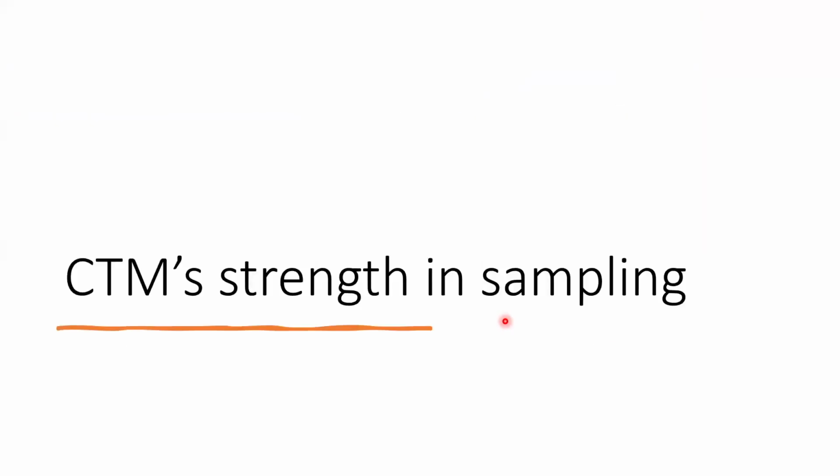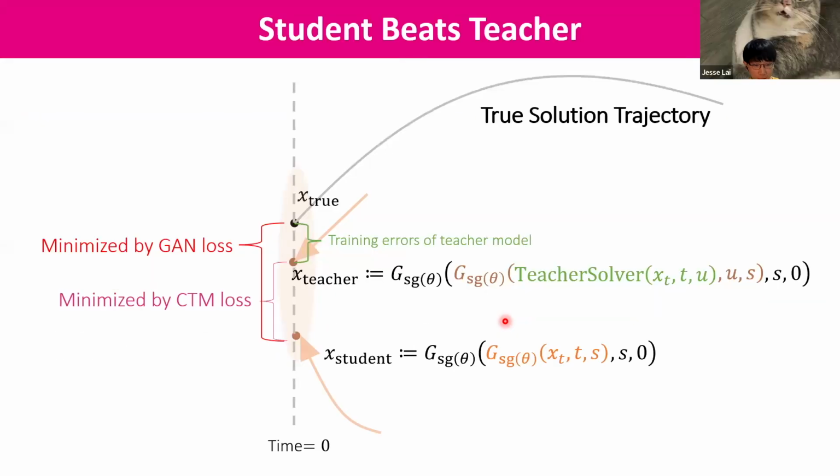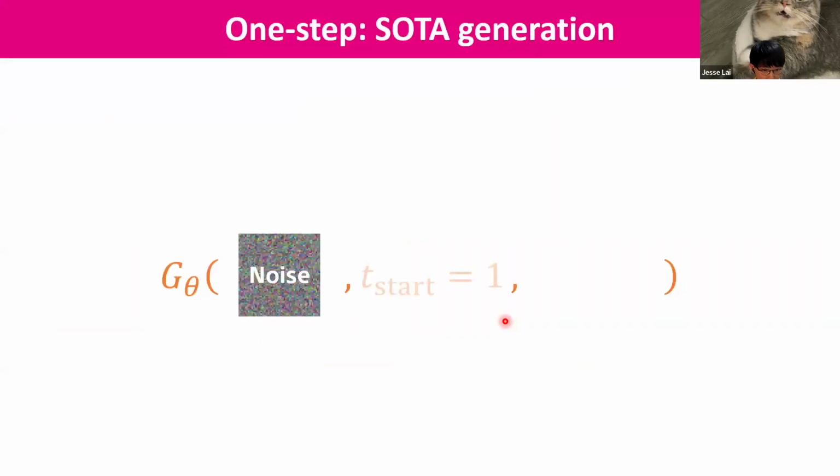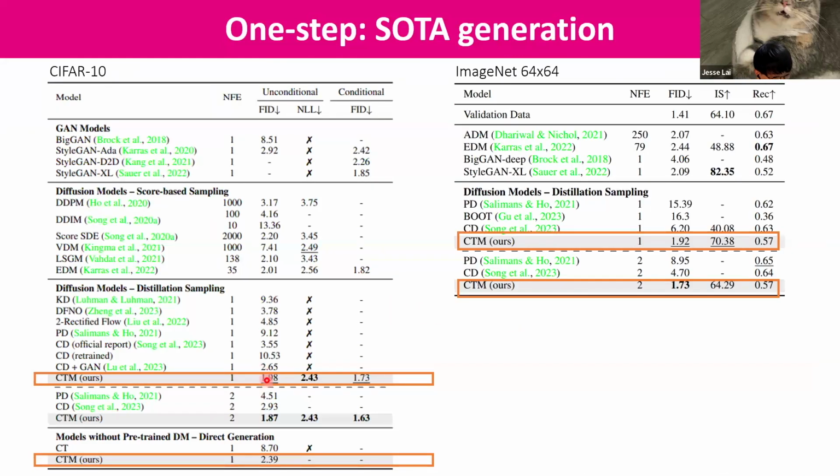What are the benefits compared to just training consistency models with GAN loss? Yeah, we actually also have that as an ablation study. GAN training can improve CM performance, but not to the level of CTM, like here, the CD plus GAN.